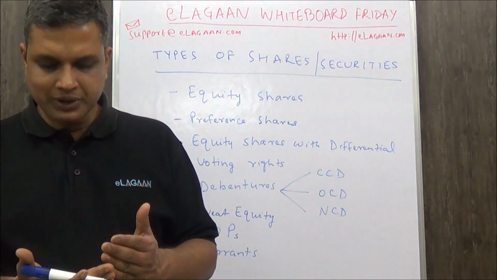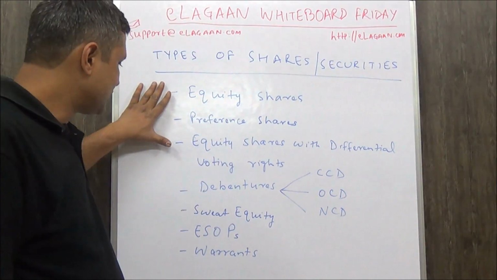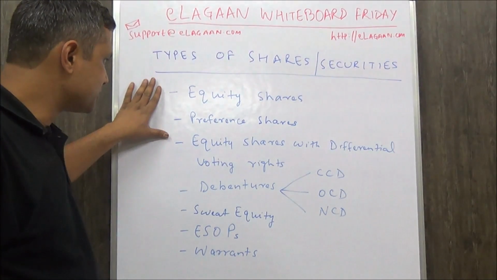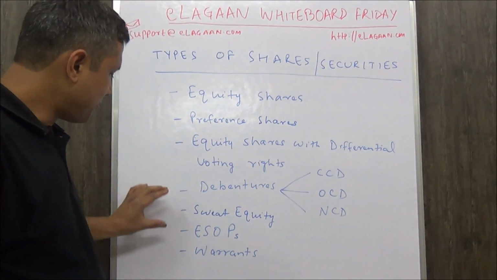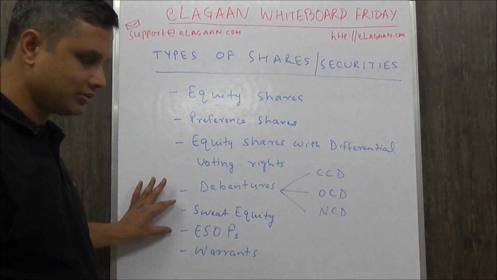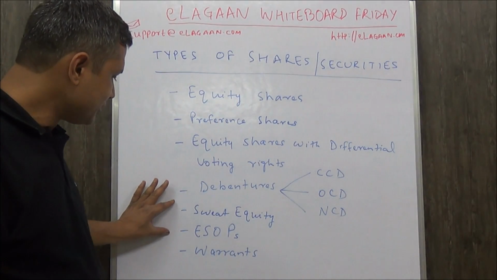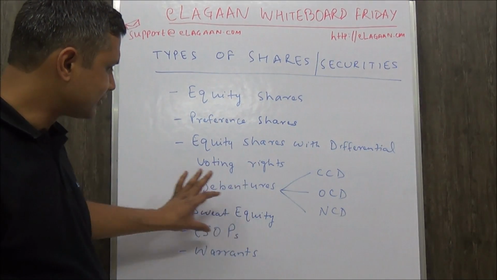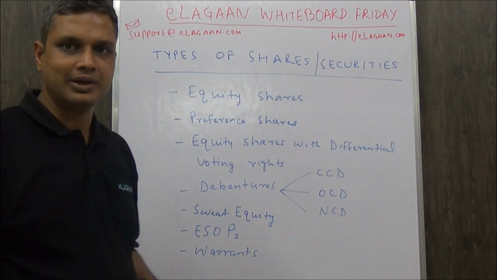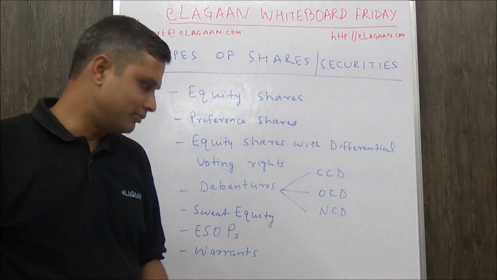Now, as per the new company law, none of these equity or debentures can be issued at a discount apart from sweat equity or ESOP. These are the only two kinds of equity which can be issued at a discount. The rest all have to be issued either at face value or at a premium.